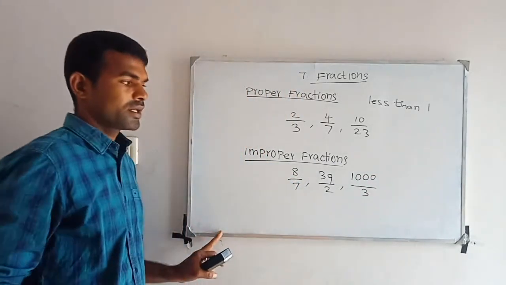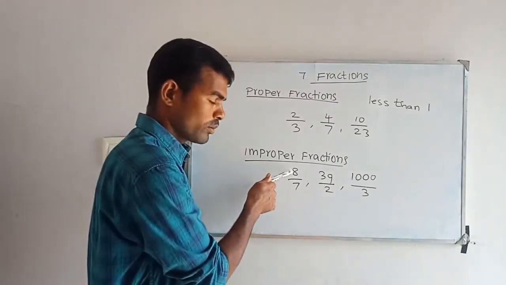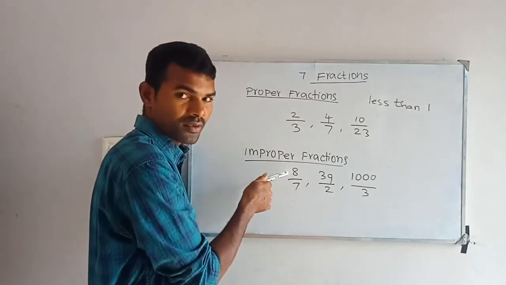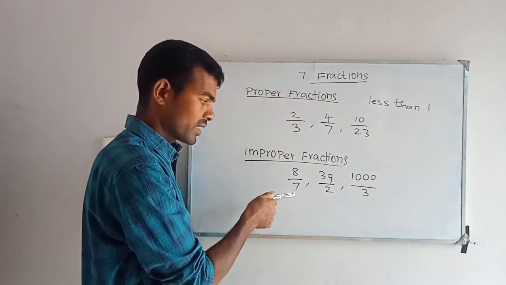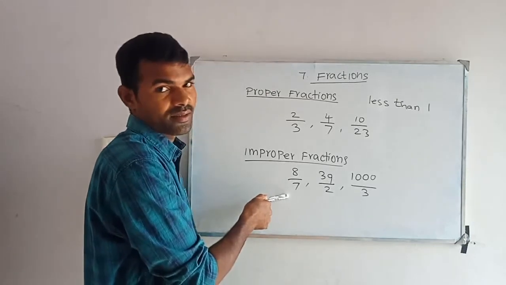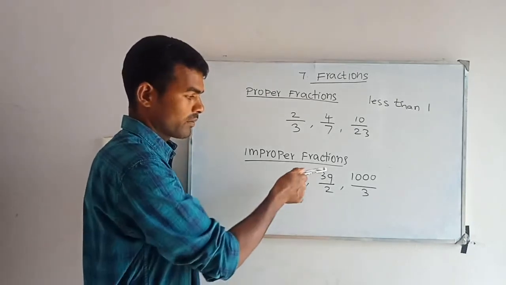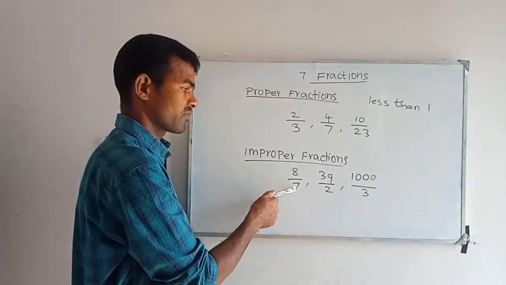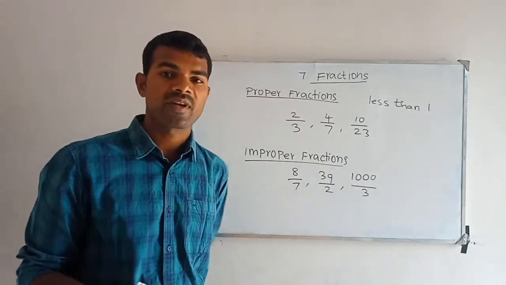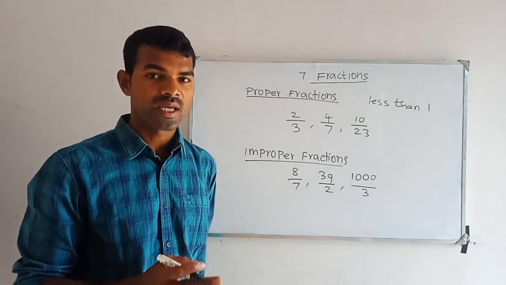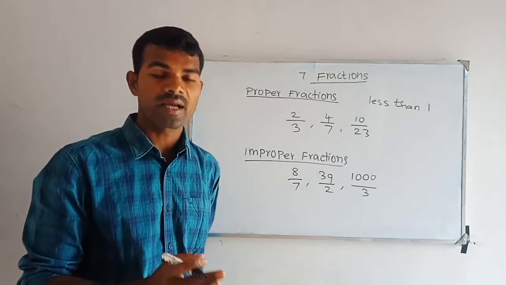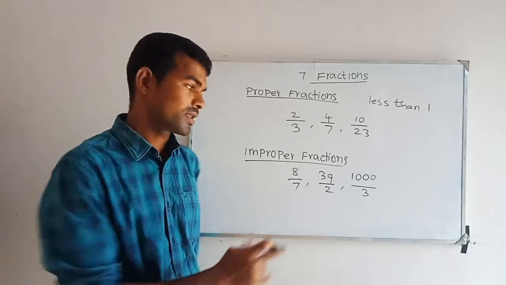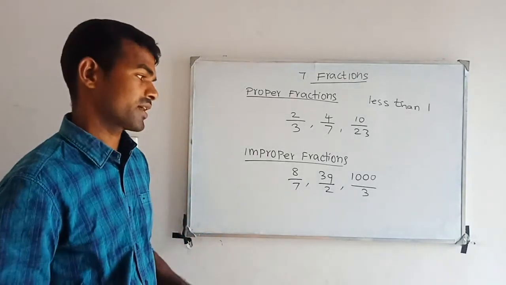You can see the numerators are big and the denominators are small: big, small, big, small, like that. This kind of fraction is the improper fraction.